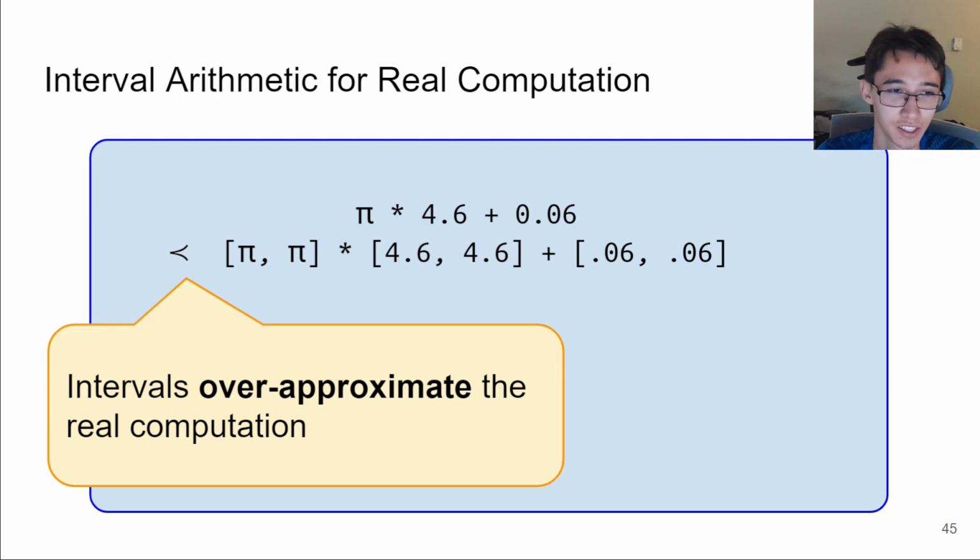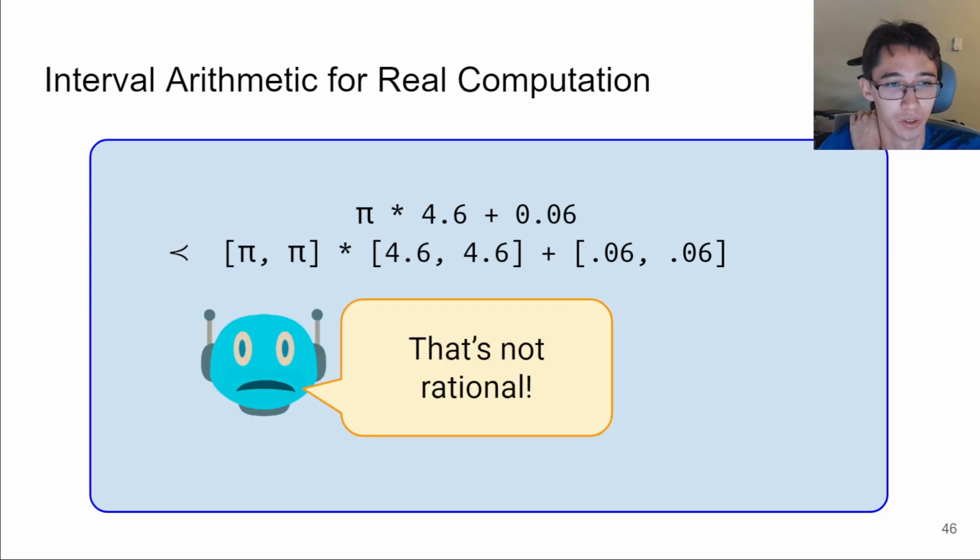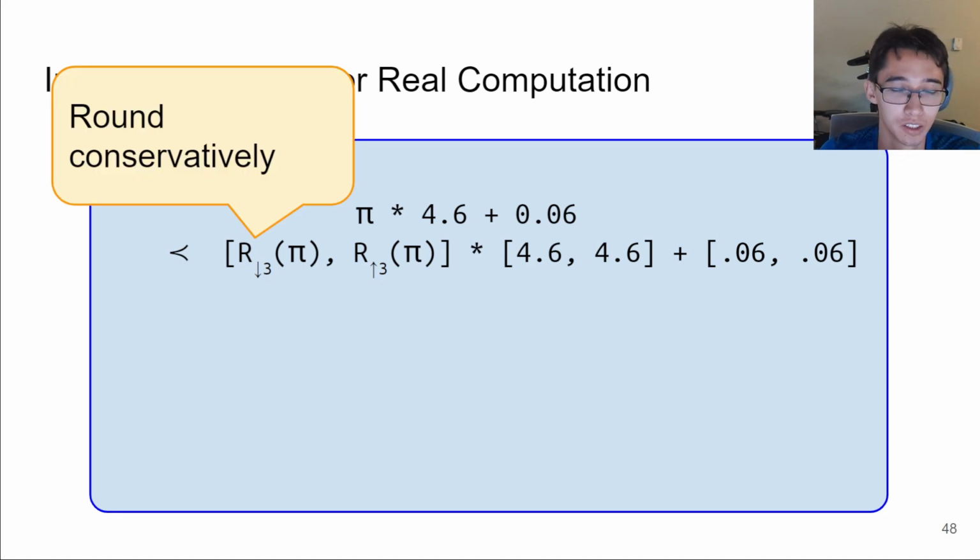That is, the idea here is that we want our output interval to contain the true answer somewhere in it for the real computation. Since we can't actually compute that value itself, we'll over-approximate it by putting an interval around it. And so pi is not rational again, so this time we need to round. And the key here is that we want to round conservatively.